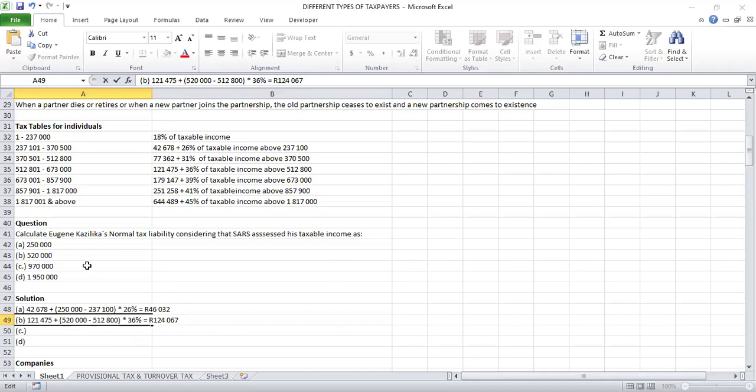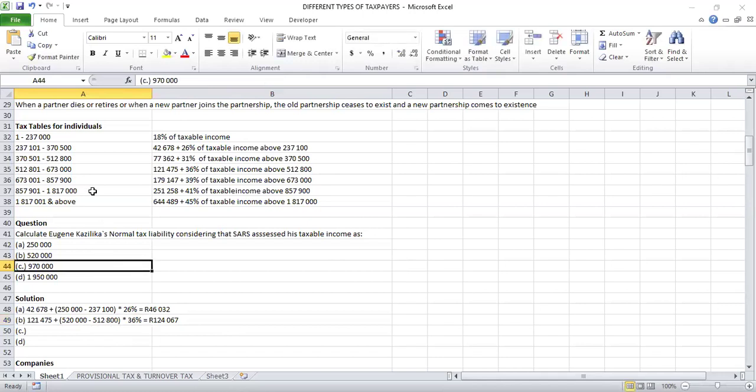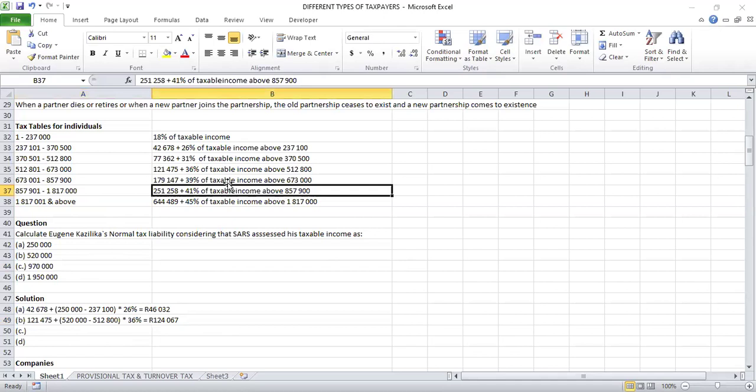Then for the next one, 970,000 will fall in that bracket there. The 857,901 to 1,817,000 bracket.